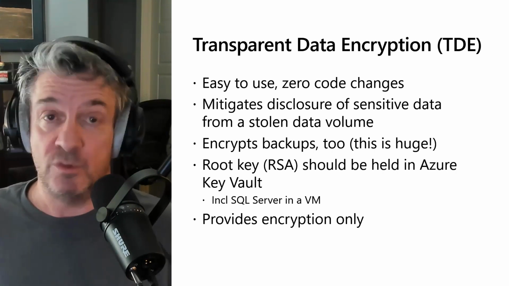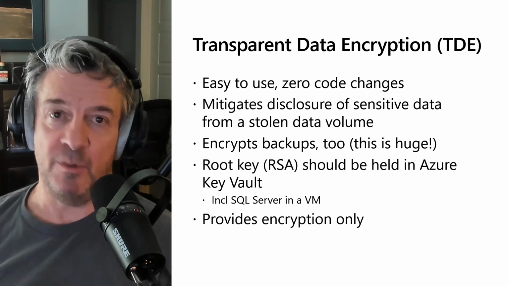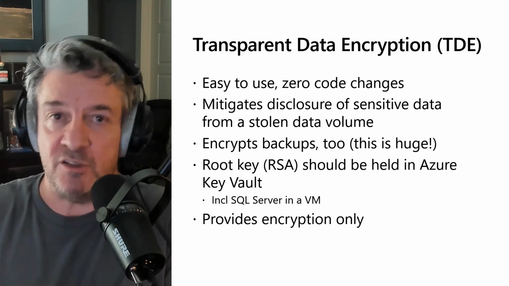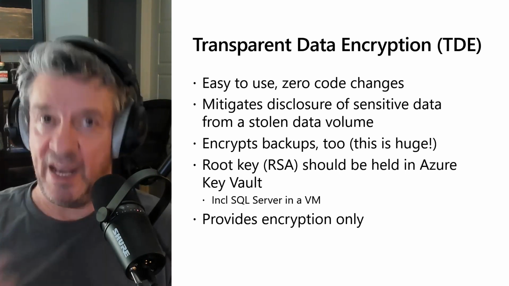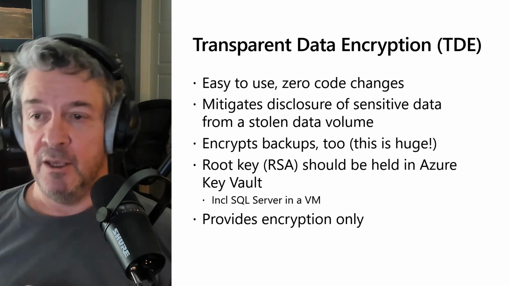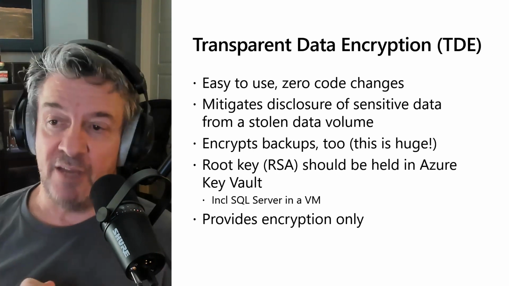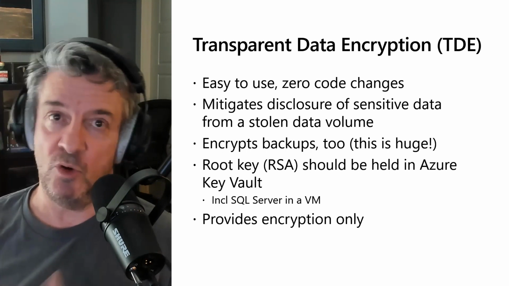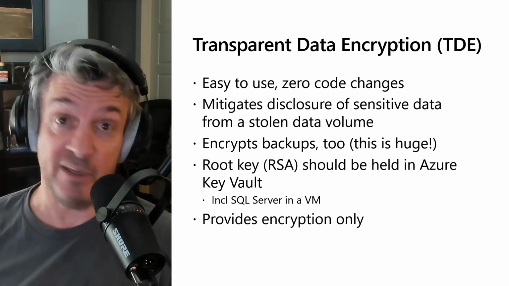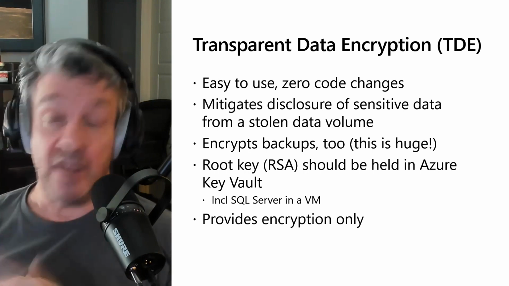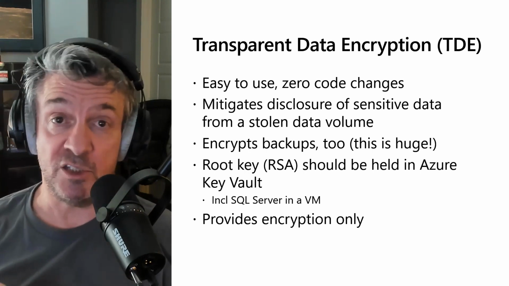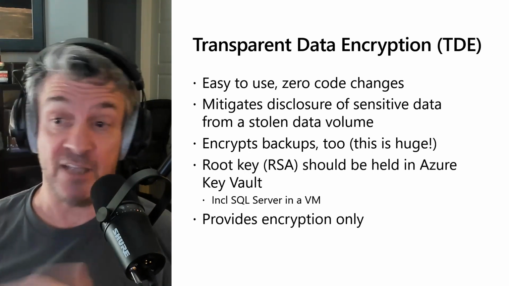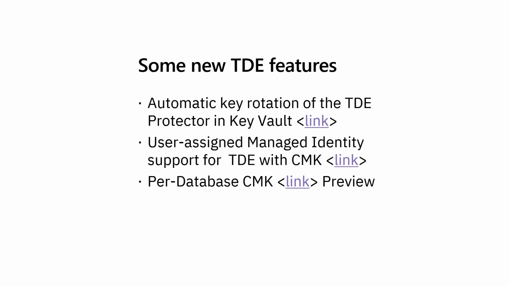It's not even close to the backup, and the backup must be brought back into the SQL instance to be restored, which is where it will then have access to the keying material. It is highly recommended that the root key be stored in Azure Key Vault, because then you get all the benefits of Key Vault, like access control and auditing, and frankly, Defender for Key Vault. And that includes SQL Server inside of a VM. You can actually store the root keys that are used to protect this hierarchy in Key Vault.